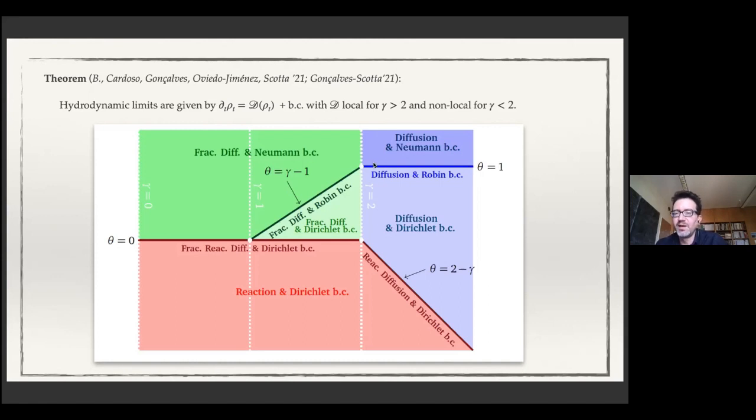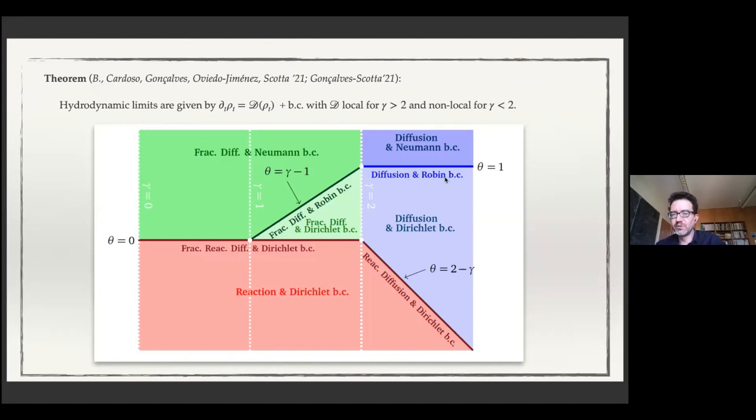We have a transition in which the hydrodynamic limit changes, in the sense that you still have the Laplacian, dt rho t is equal to Laplacian of rho t, but the boundary conditions are now given by what we call the Robin boundary condition.